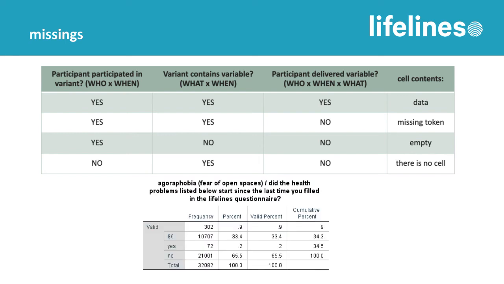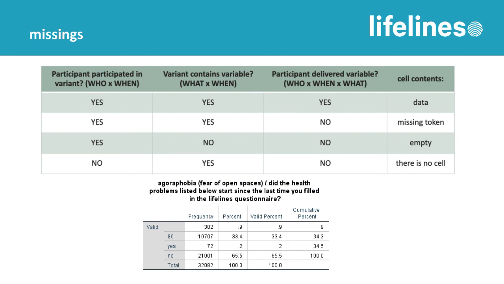And that's relevant, for example, in this particular case, there's many of these where we ask, okay, did you have a certain disease or not? In this case, agoraphobia. And well, some people say yes, some people say no. A lot of people skip the question, but they've seen it.